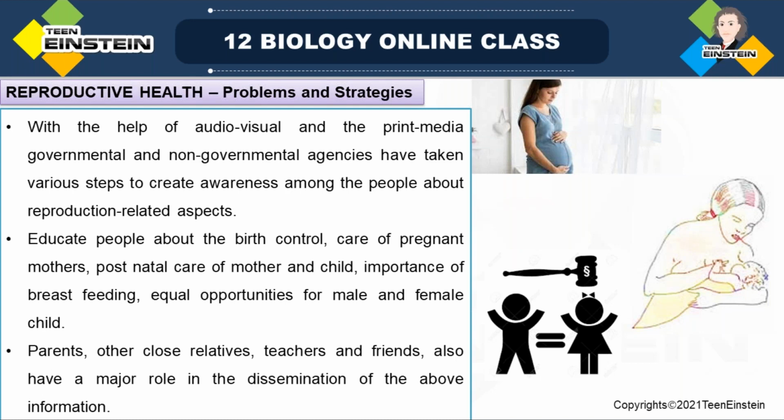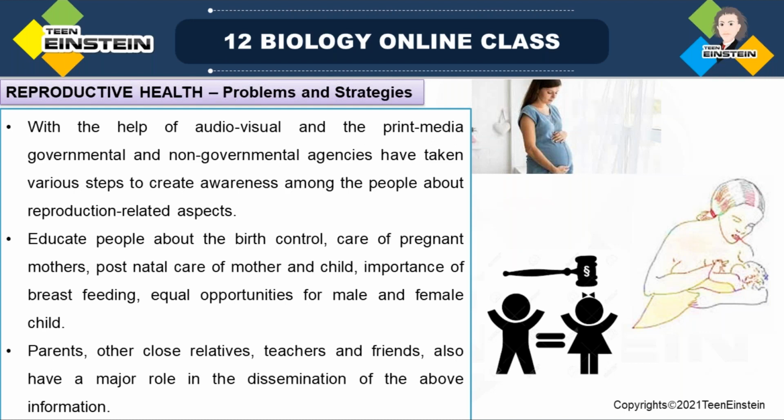For all this, government and non-government agencies are working to give awareness to common people, with the help of audio visuals and print media, to create a general awareness among people.